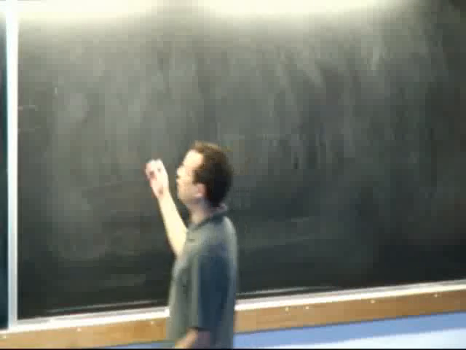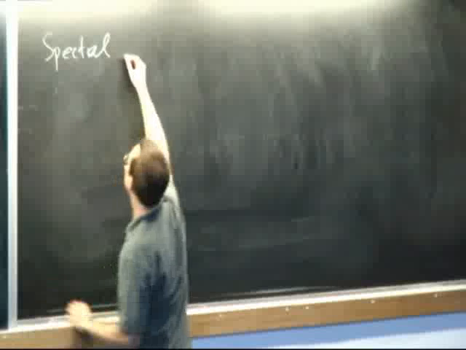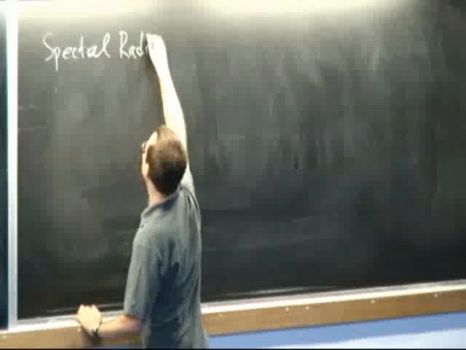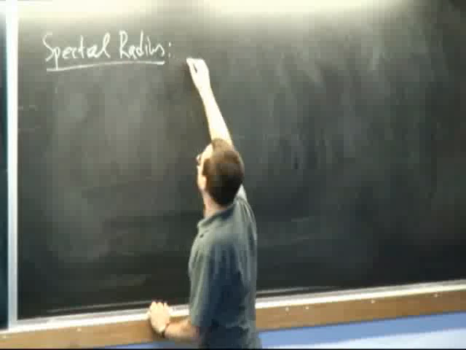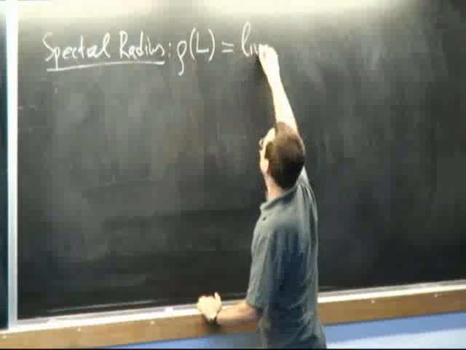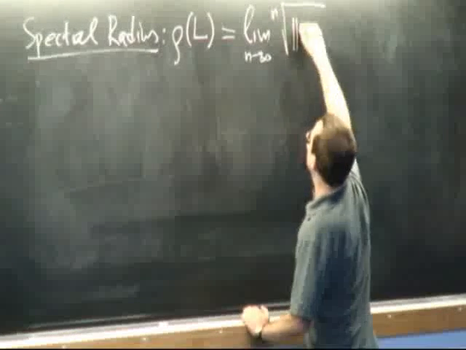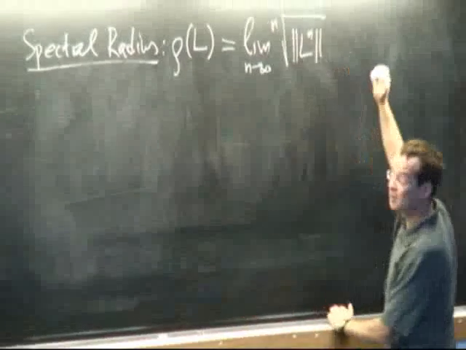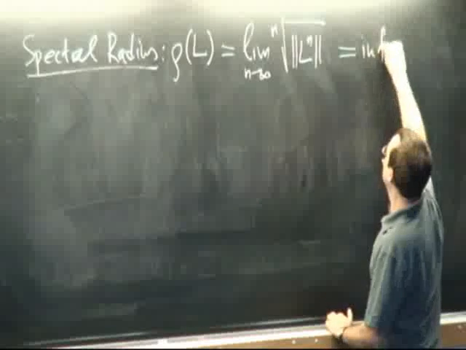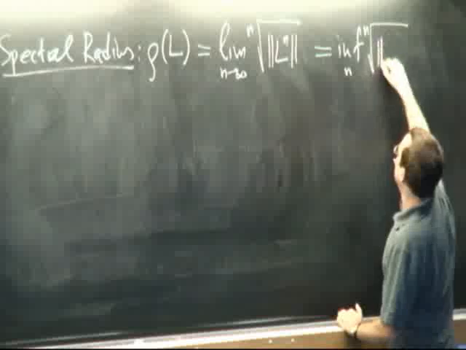So the spectral radius is rho of L. It's known that the limit exists of these numbers, and this is also equal to the infimum of these quantities.